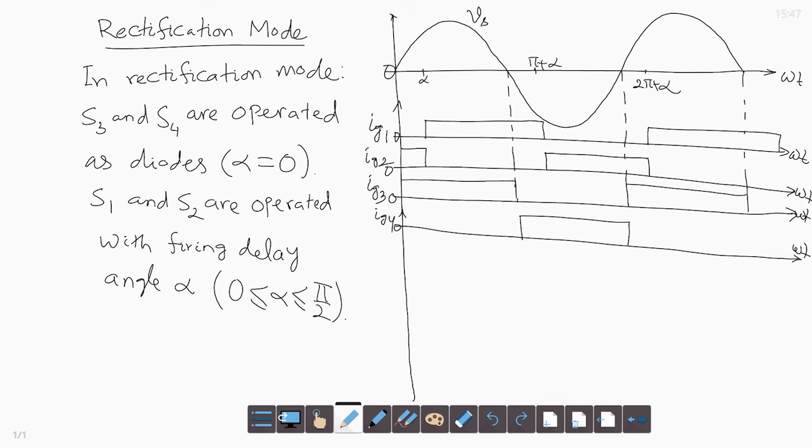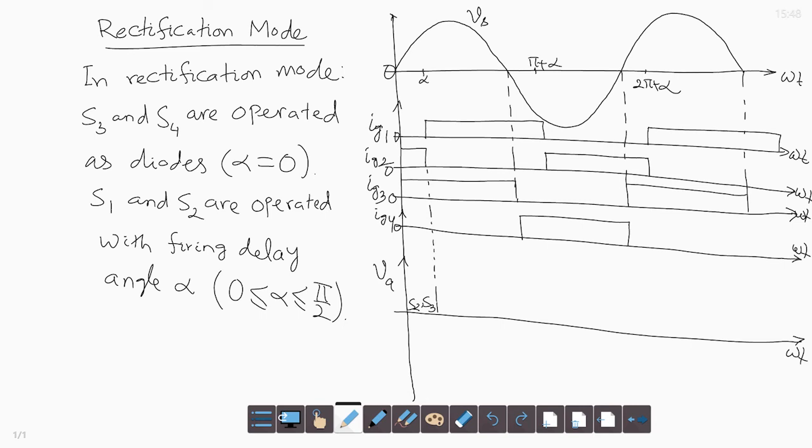With these control signals, we can now draw the output voltage waveform VA. For omega t between 0 and alpha, the switches conducting are S2 and S3, which leads to freewheeling action, so the output voltage is 0.